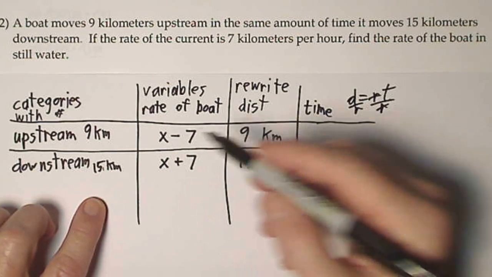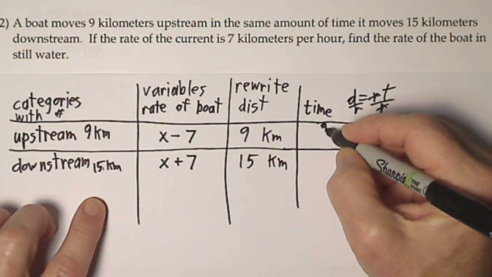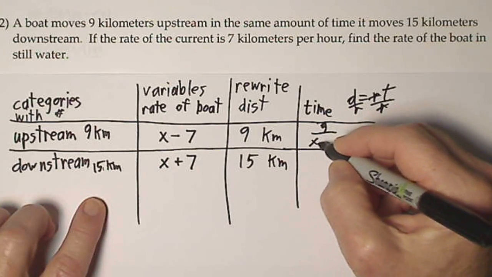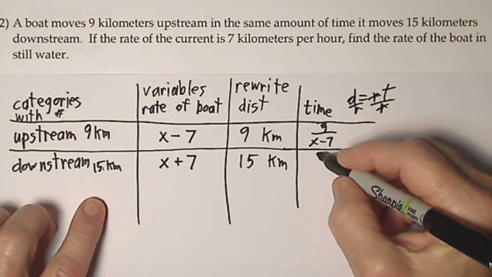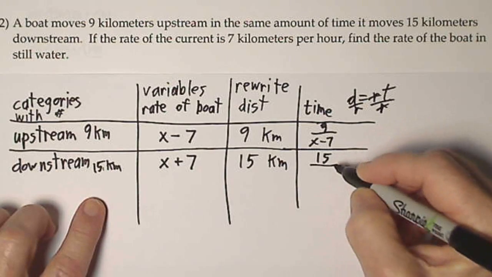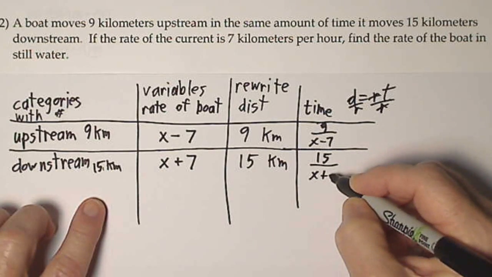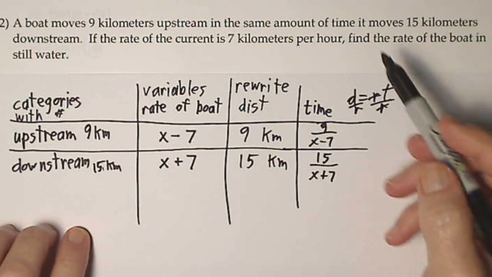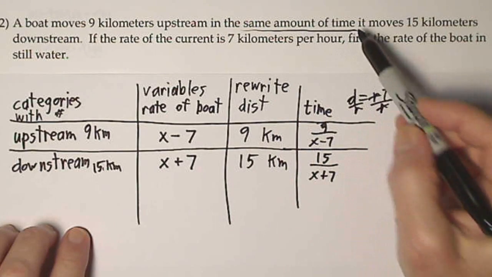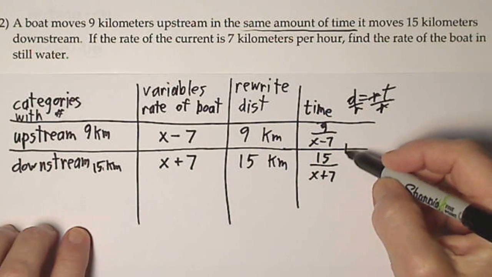So here's our distance and our rate. So for time we have 9 over x minus 7, 15 over x plus 7. And notice they said the same amount of time. So that means these two are equal.